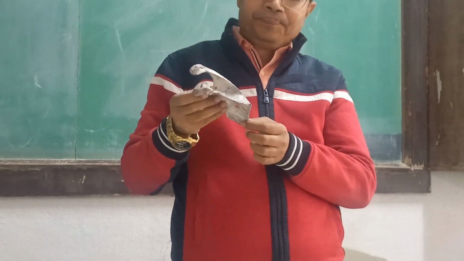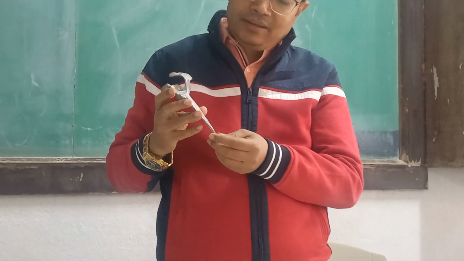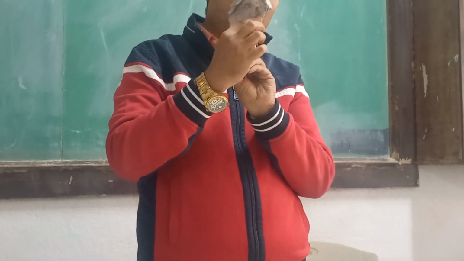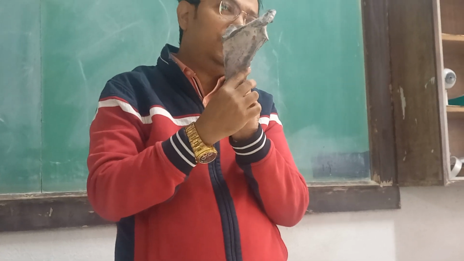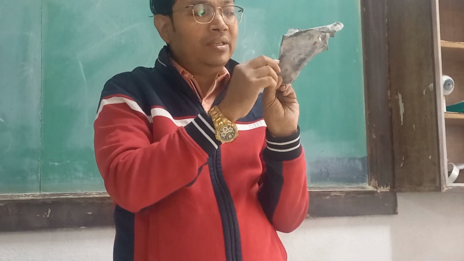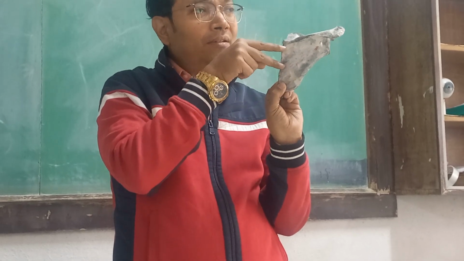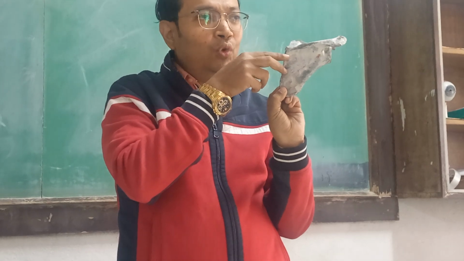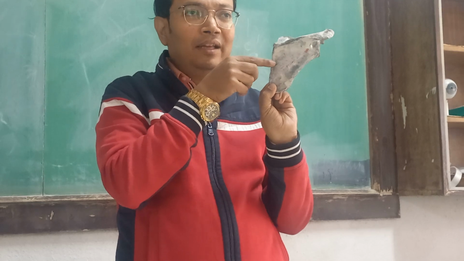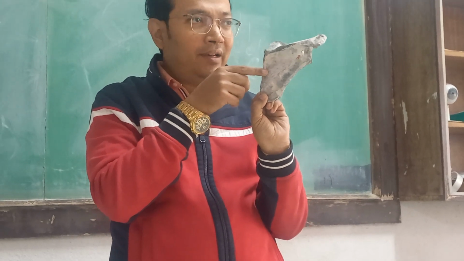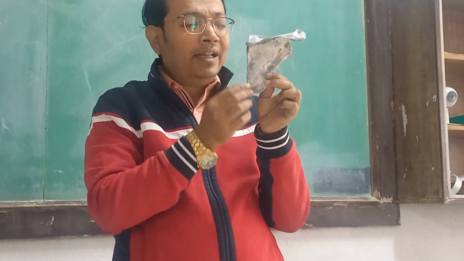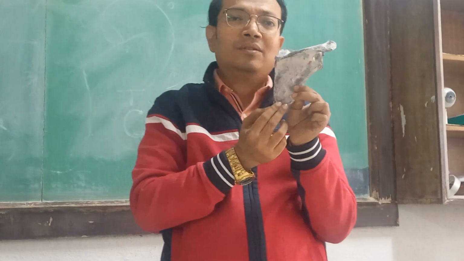On the posterior aspect, this border is for rhomboideus minor and rhomboideus major, and this border is for teres minor and teres major. Teres minor takes origin from two slips, and between those two slips there is the entrance of a nutrient artery. Here there is teres major, and at the inferior angle there is latissimus dorsi.